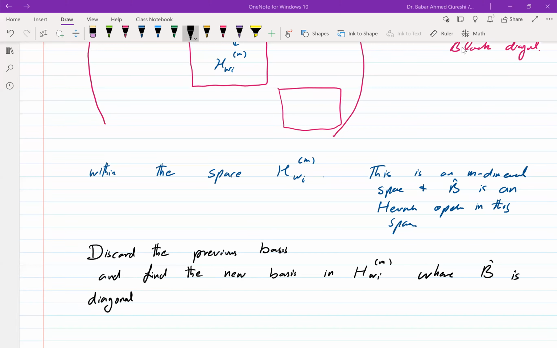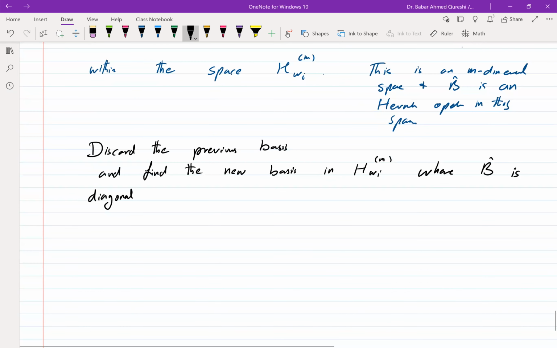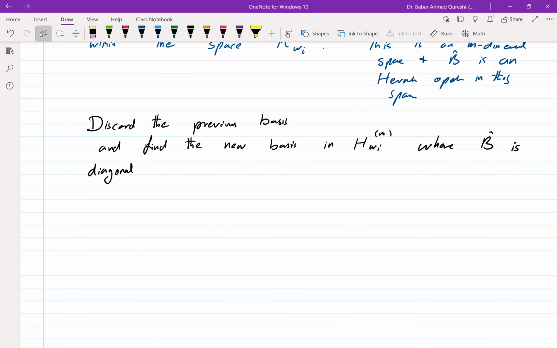Now just think for a moment: what happens to the A operator in this new basis? What will happen to the matrix of the A operator?